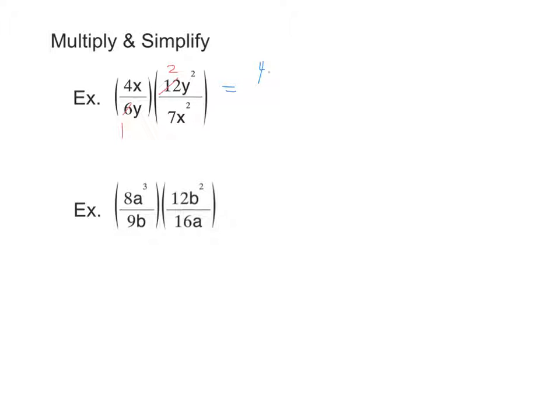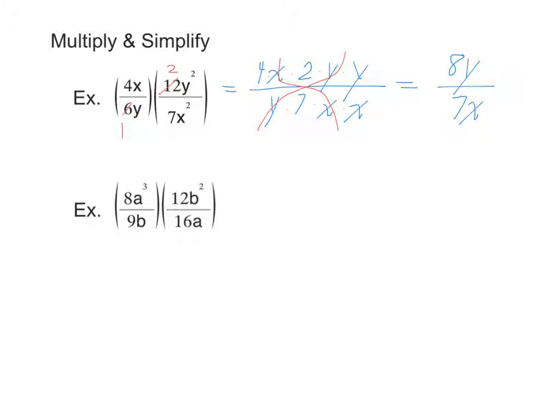We have 4, an x, a 2, and y squared all in the numerator, a y, a 7, and an x squared in the denominator. One of the x's cancel, one of the y's cancel, and we're left with 4 times 2 times y, or 8y, in the denominator 7 times x, or 7x.